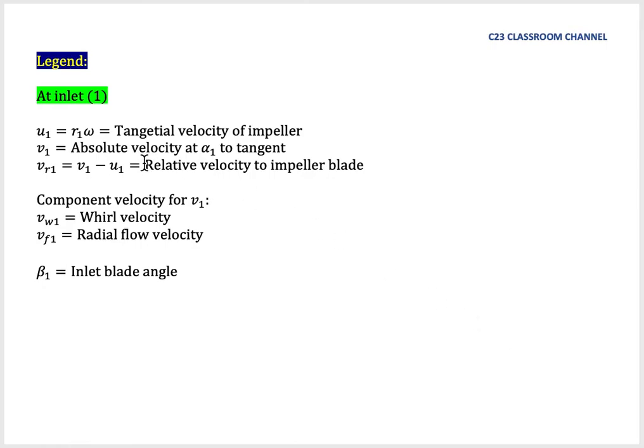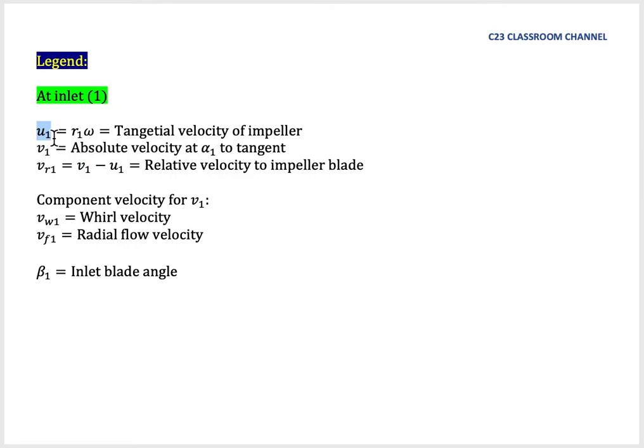So I repeat the legend for inlet and outlet. We go first with the inlet. U1 is the tangential velocity, and U1 must be calculated in linear terms. So if in the question they give you rotation per minute, RPM, or radian per second, you can change the value by using this equation: U is equal to R omega, equal to pi D N over 60.